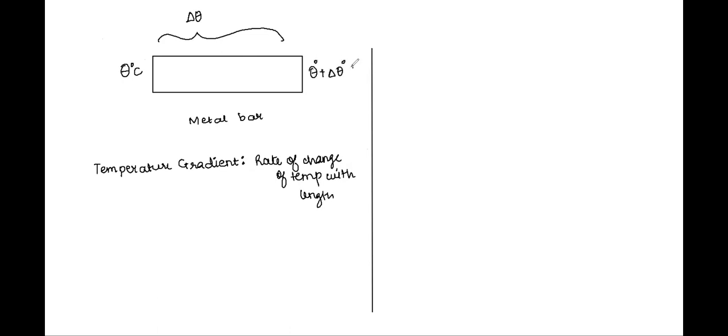So delta theta is the temperature difference between both sides, and let's say delta L is the length of this entire bar. So in such cases, you have the amount of heat flowing per unit time, or dQ by dt. I will repeat, the amount of heat flowing per unit time.